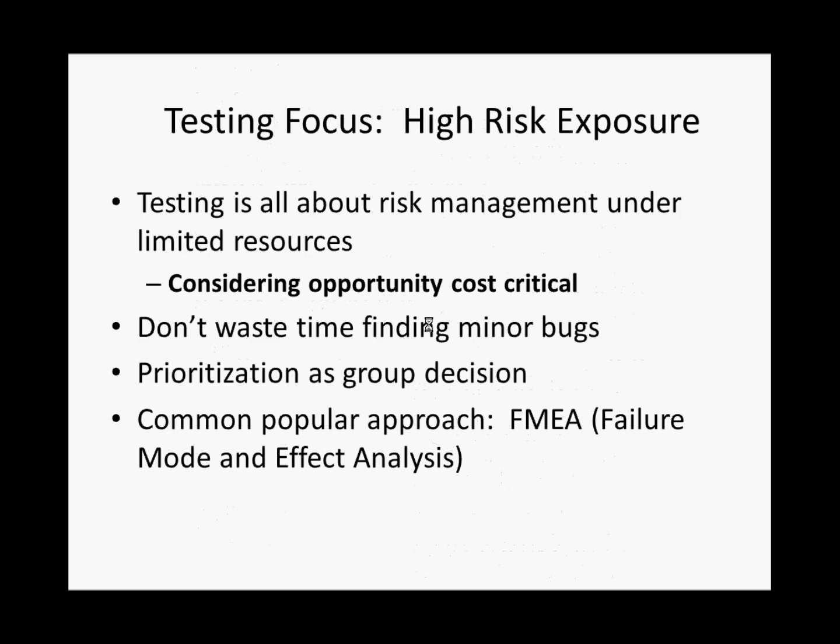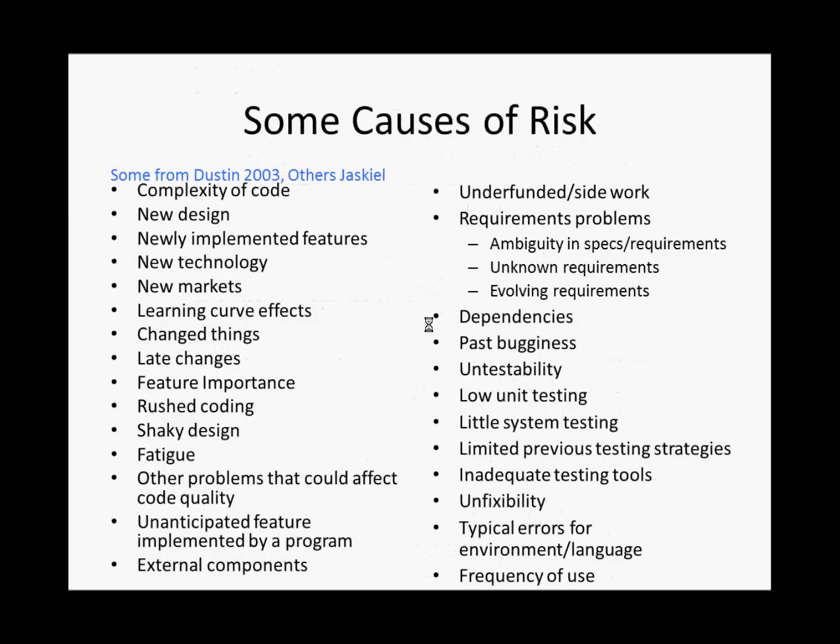So I think I emphasized before, testing is all about focusing on high risk exposure, and these are some reasons that things might be risky. Things might be worth really focusing on. Things have been changed recently. New technologies of some sort have been introduced. Technologies that have not been used before. Code is really complex.